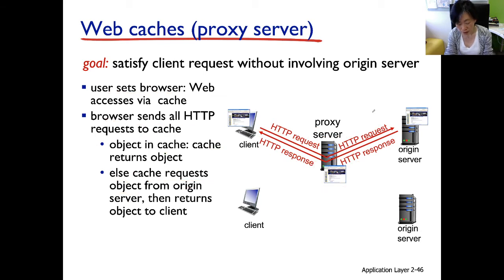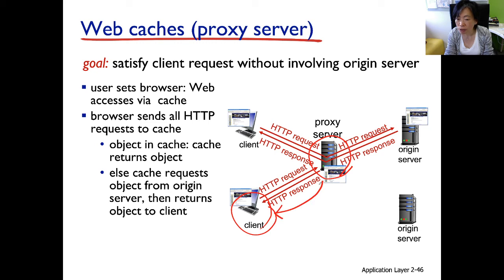And what's nice about this is, look at this client down below. If the client is requesting the same object, it's a hit here at the cache. The server here sends back the object directly without going through this segment of the internet.